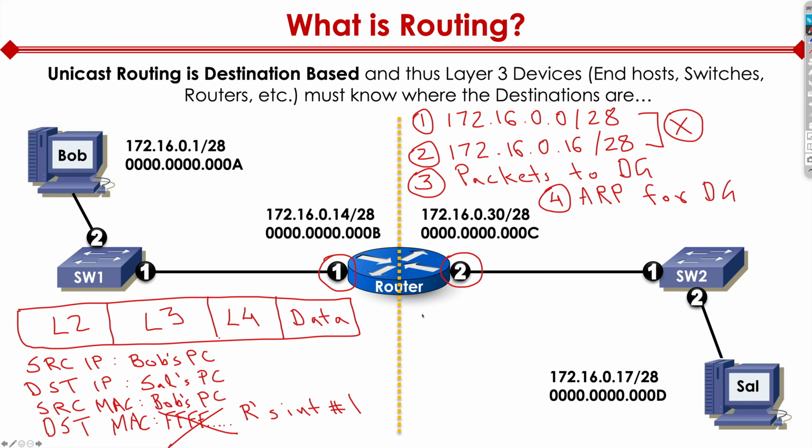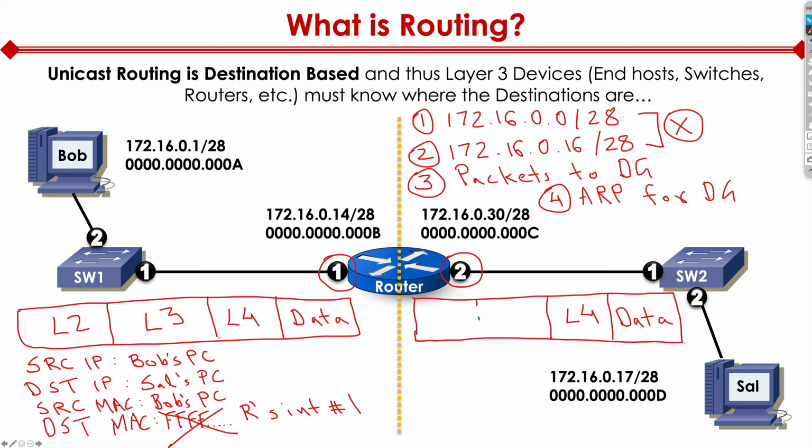So what it's going to do is it's going to go ahead and decapsulate the packet and re-encapsulate it. And I'm going to explain the process in a moment here. But when it goes ahead and does that, it's going to retain the data, the layer 4 information, and the layer 3 information.